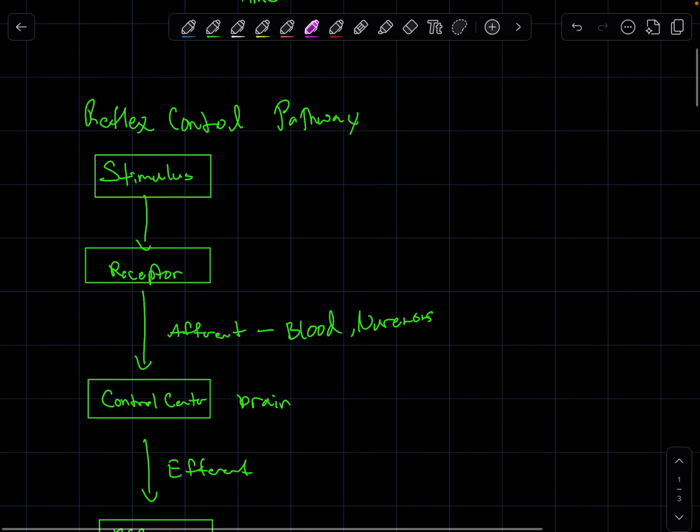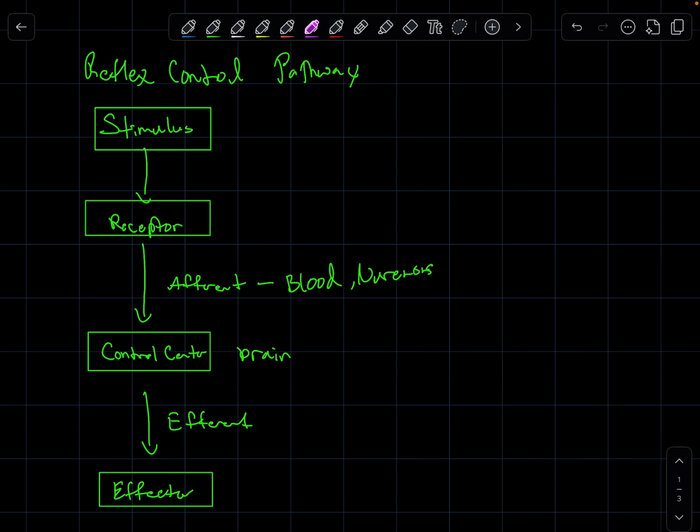Now, we're going to take a look at a reflex control pathway for body temperature. So our stimulus will be heat, okay, and our receptor is skin.